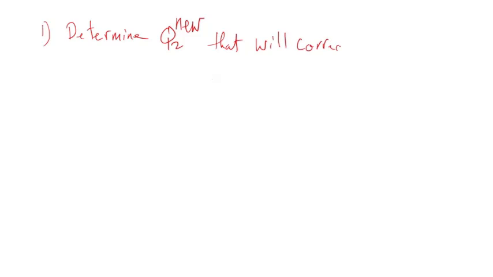Now the question is, determine Q2 new, basically the new reactive power associated with load 2, which is a synchronous motor, that will correct the power factor of the system to 0.90 lagging.